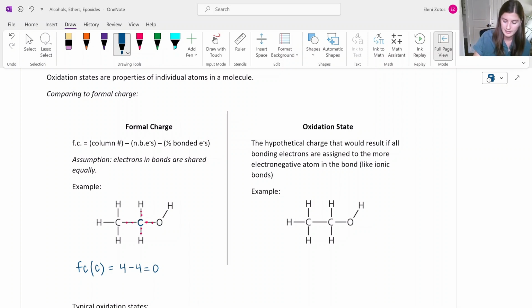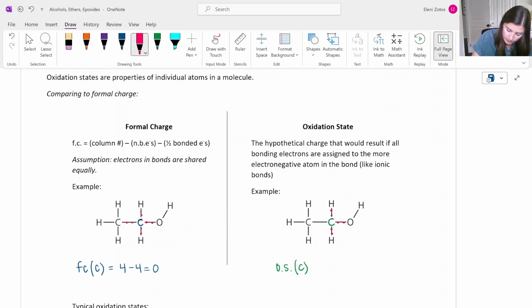So if we're looking at the oxidation state of that same carbon, let's use a different color here. The oxidation state of carbon, the one that's bonded to oxygen. Let's remember we have 2 electrons per bond.